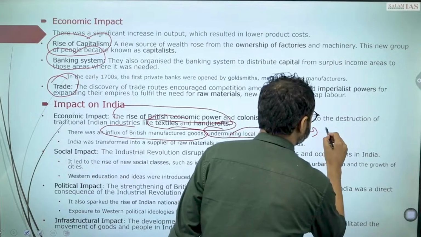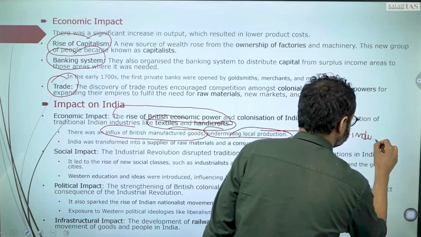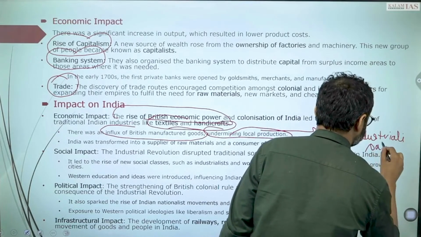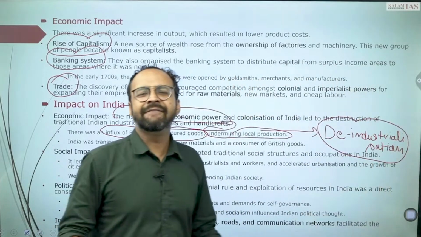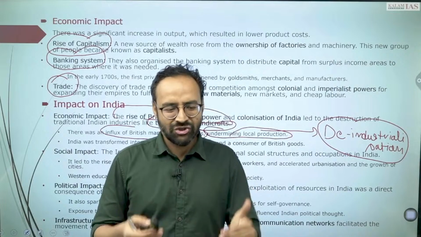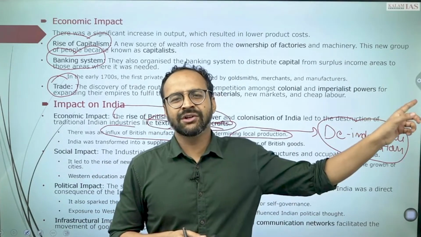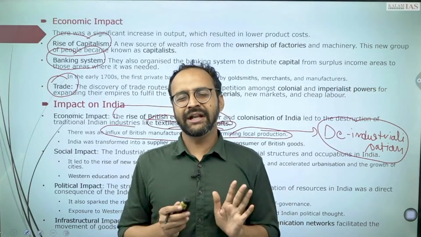So there was a kind of deindustrialization. I've explained this to you. I again reiterate this fact that what led to industrialization in Europe ultimately led to deindustrialization in India.